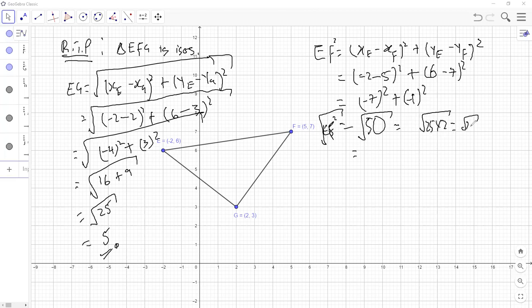So basically you are having square root of 25 times square root of 2, because we know from sets and exponents that square root of AB is the same as square root of A times square root of B. And that's why it will be 5 square root of 2. So actually, that's what I meant to write here.